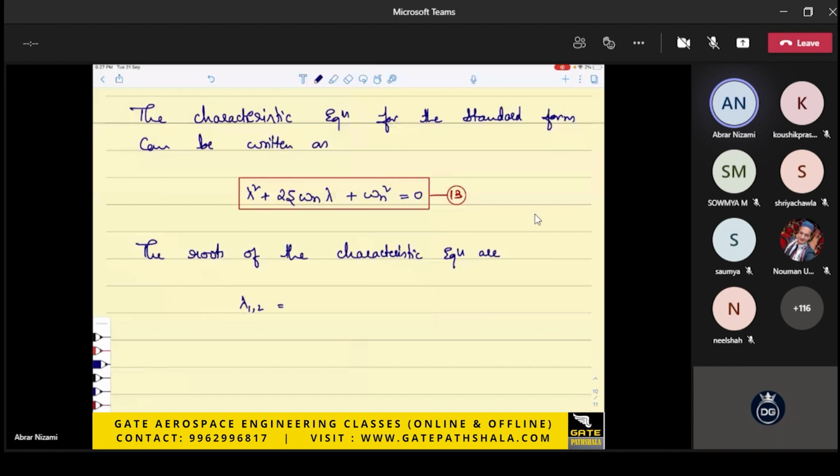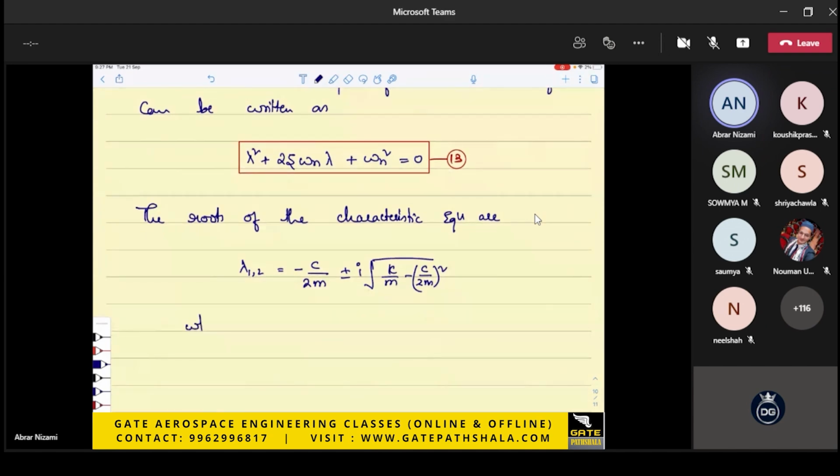Lambda 1, 2 is minus c by 2m plus or minus i into the square root of k by m minus c by 2m whole square, where c is xi into CCR, that is xi into 2m omega n.